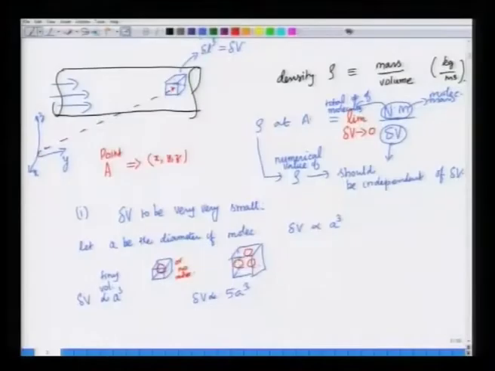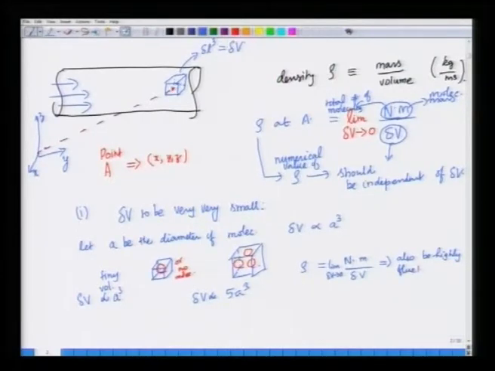Therefore, the density that you will get, which is the number of molecules times the molecular mass divided by delta V in the limit as delta V goes to 0, will also be highly fluctuating if delta V is comparable to molecular dimensions.